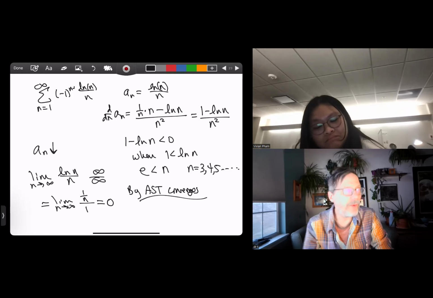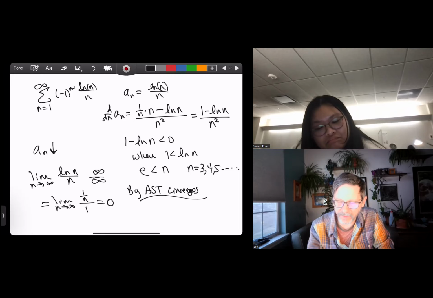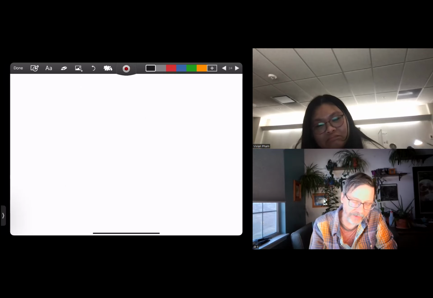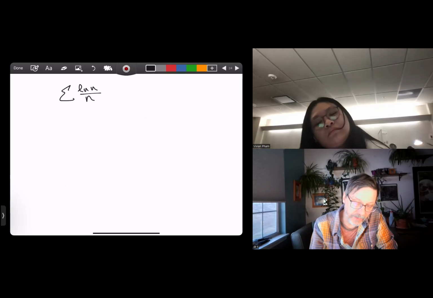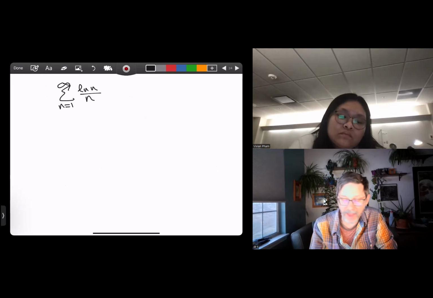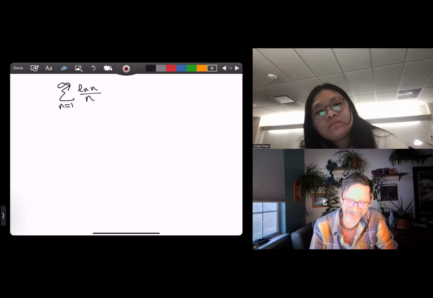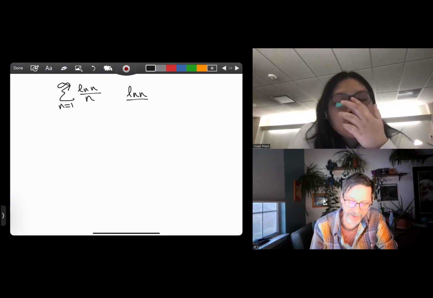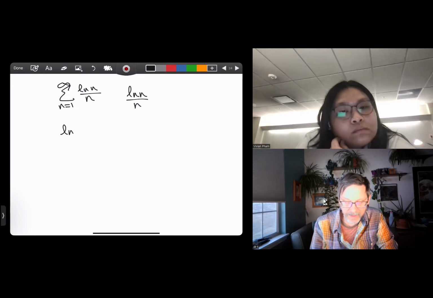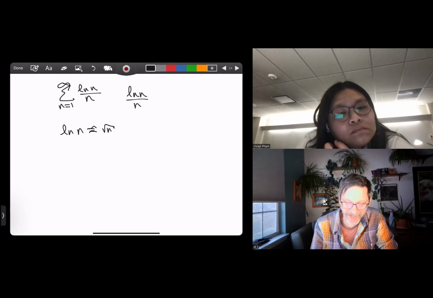Yeah, and then we need to decide, like, this is a trickier thing, but if we were going to do conditional convergence, I'm just going to show you one more thing. If we take off the alternation, then we've got this series, right? So we could answer the question if we have conditional convergence or not. But this is really pretty tricky. If I was going to compare this to something, natural log of n is kind of like square root of n, but it's not as fast.